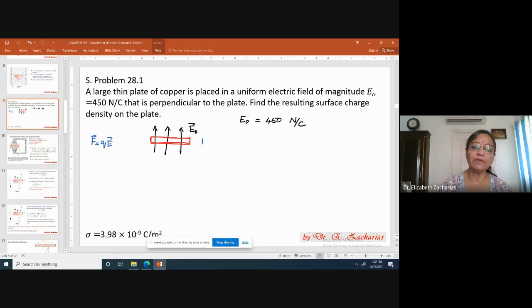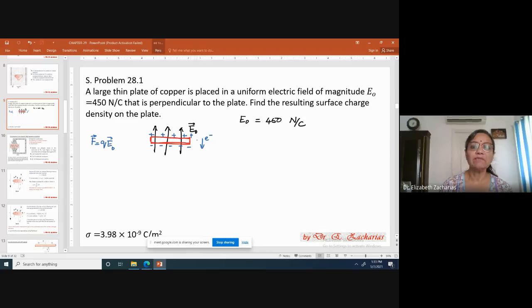So what will happen? The electrons will all start experiencing a force opposite to the applied field. Therefore, in a short time, there will be an accumulation of negative charges on this plate and a deficiency of negative charges on the upper plate. Deficiency of negative charges means positive. So there will be an accumulation of effective positive charge on the upper surface.